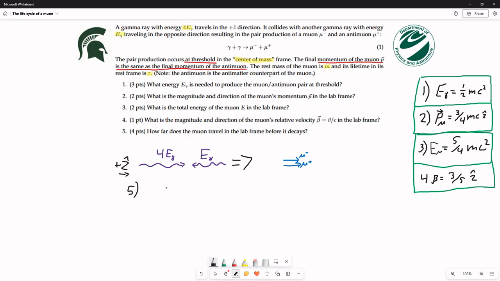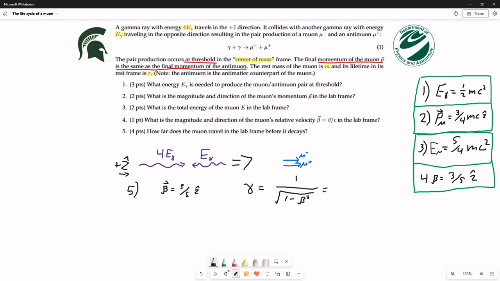Looking at the previously solved portion, we have beta, and that equals 3/5 in the z hat direction. Let me just make sure I have all my vectors. And we can use relativistic velocity, gamma. This is 1 over the square root of 1 minus beta squared.